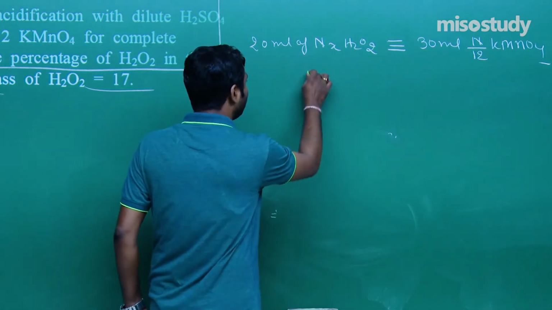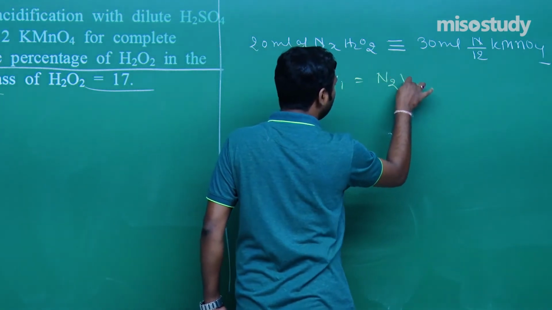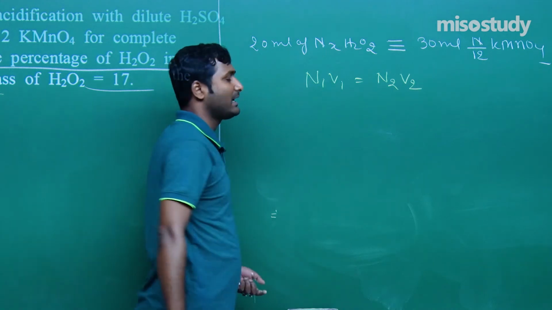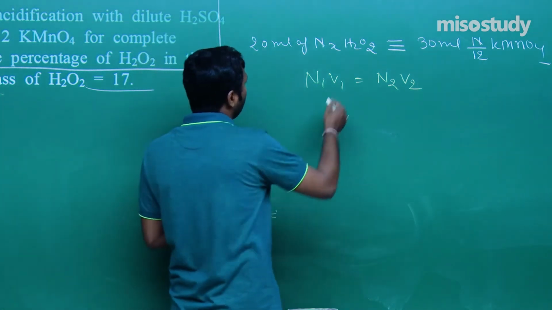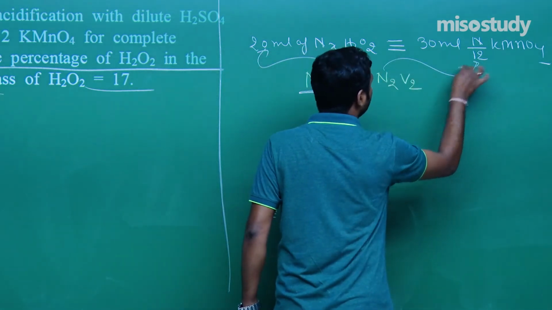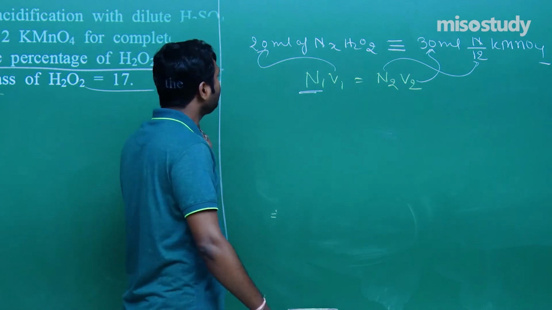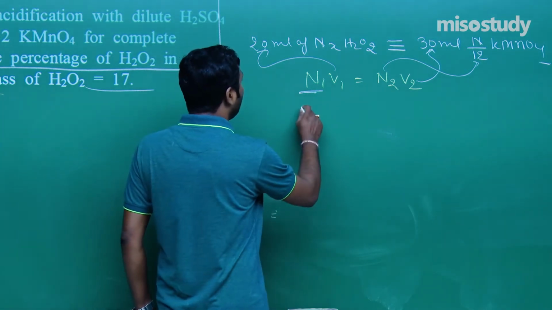Or you can write like this: N1V1 is equal to N2V2. Yes sir, you can write like this. This one is V1 and we have to find N1. This one is N2 and this one is V2. Yes sir, definitely.